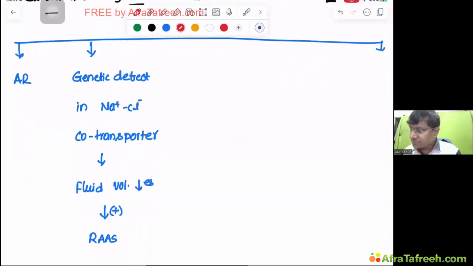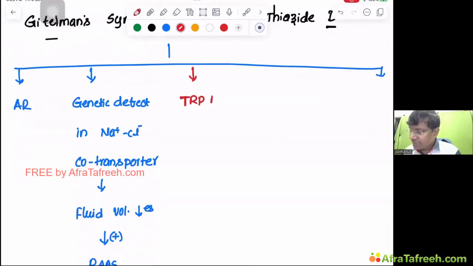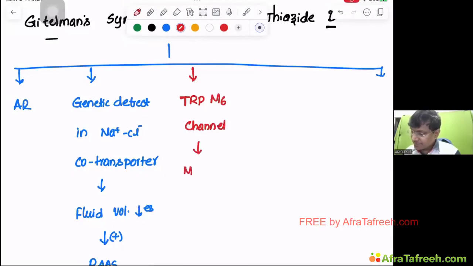And next important, these patients with Gitelman's also have a defect in TRPM6. It is another channel. And what is the function of this channel? That is magnesium absorption.